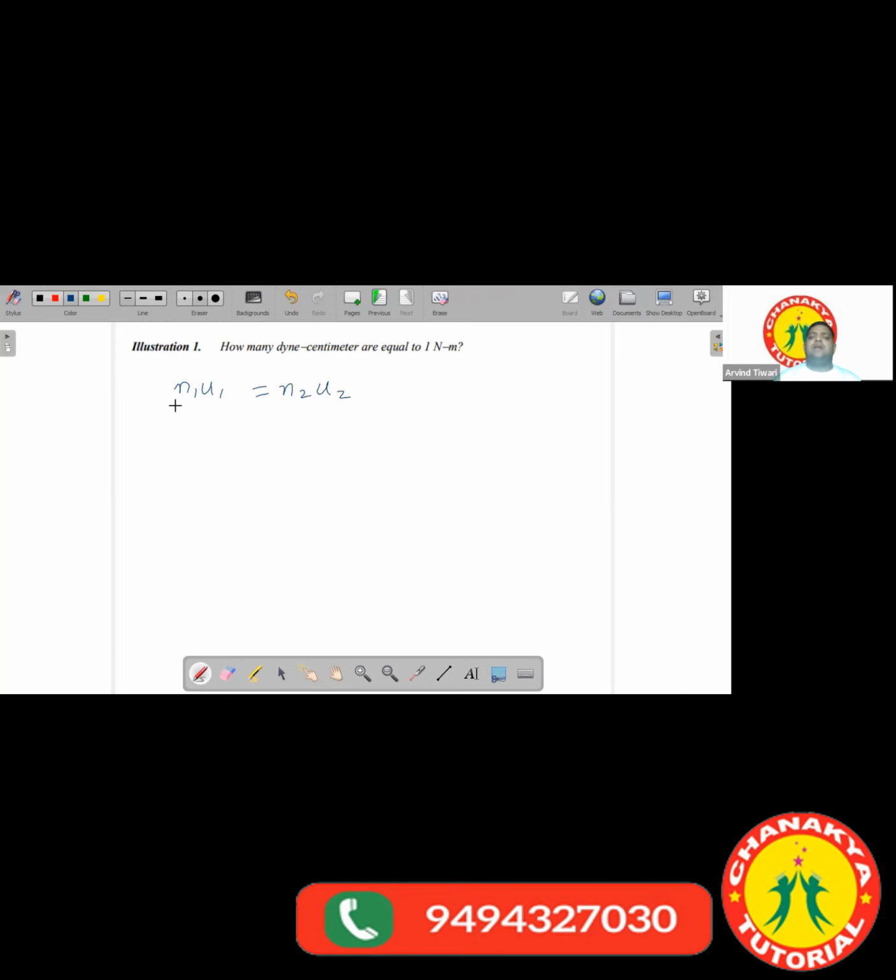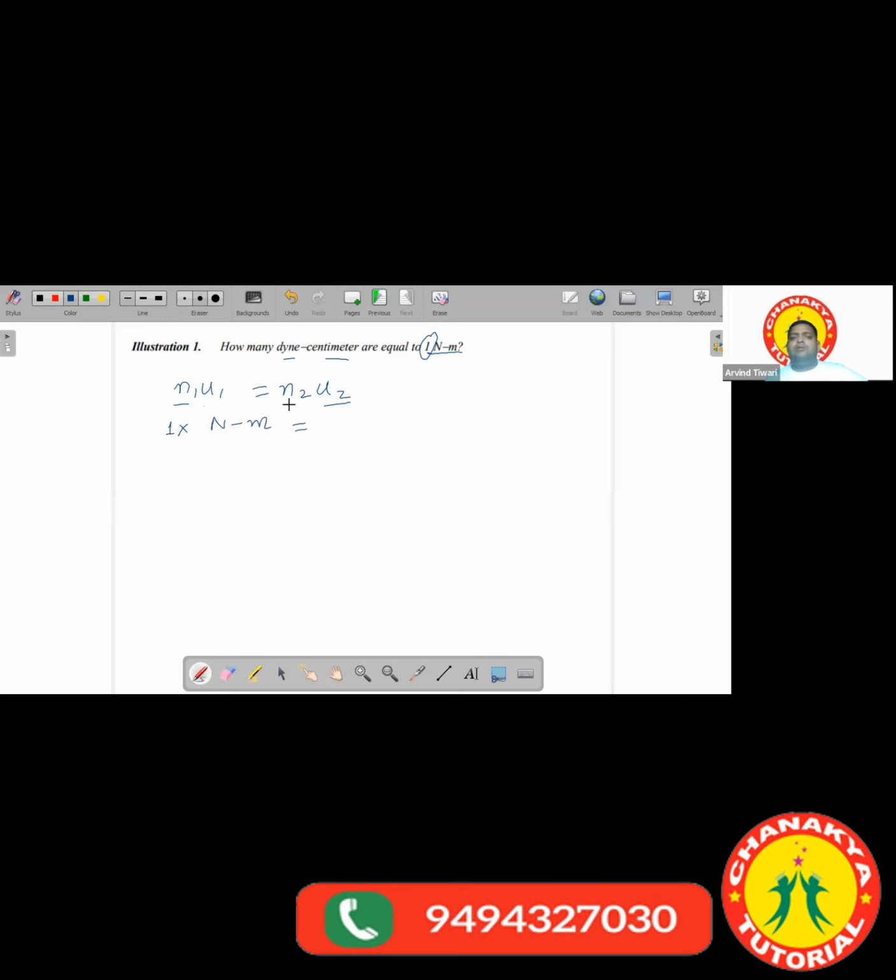Take here N1 to be, let U1 be Newton meter, and let U2 be dyne centimeter. Instead of N1, I will write here 1, since we have been asked for 1 Newton meter. So here I will write 1 multiplied by U1. U1 is the unit Newton meter.